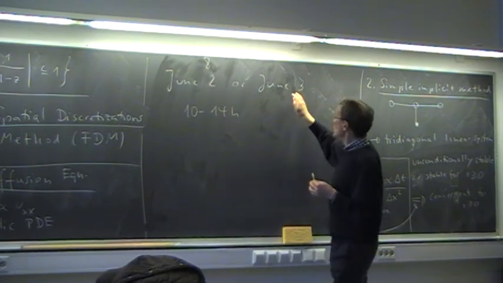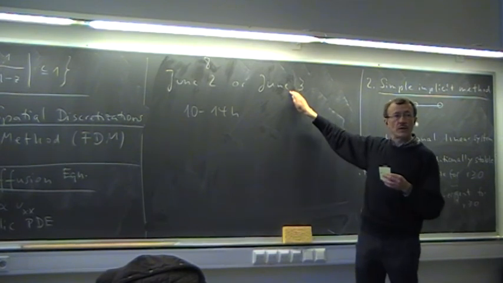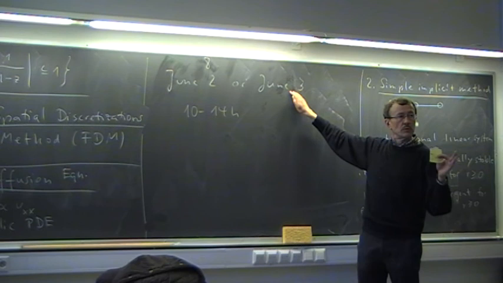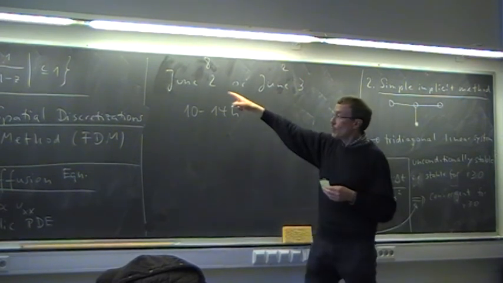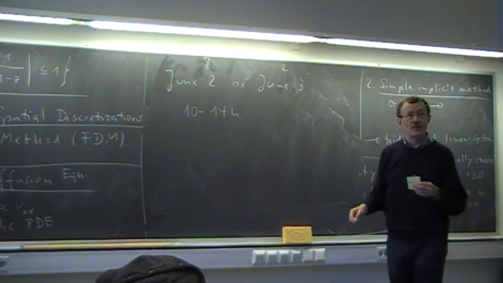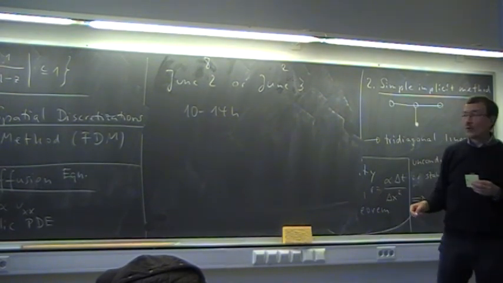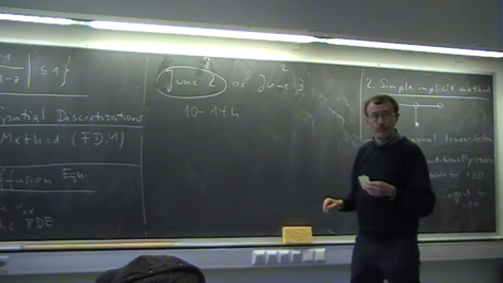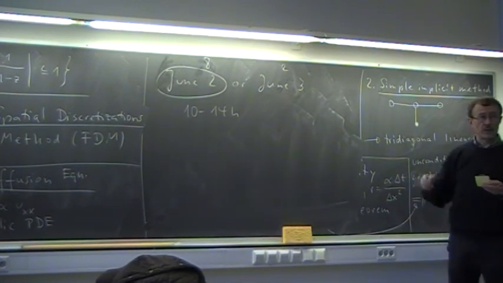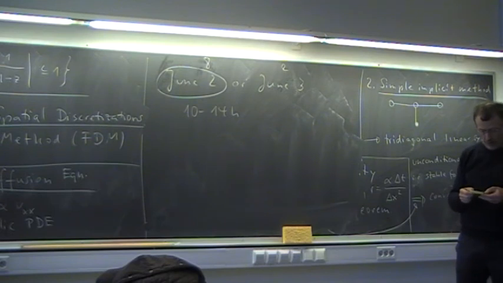For whom is June 3, Wednesday, preferable? So then that is the majority. Is that okay? So then we take June 2, that will be Tuesday. I'll announce that then on It's Learning.